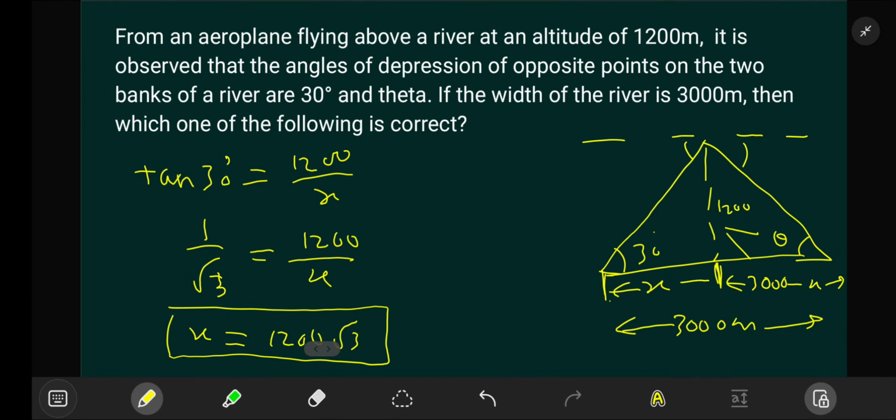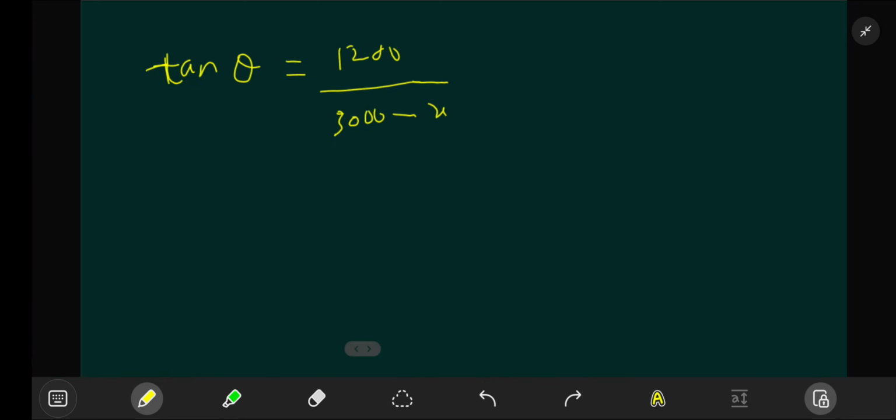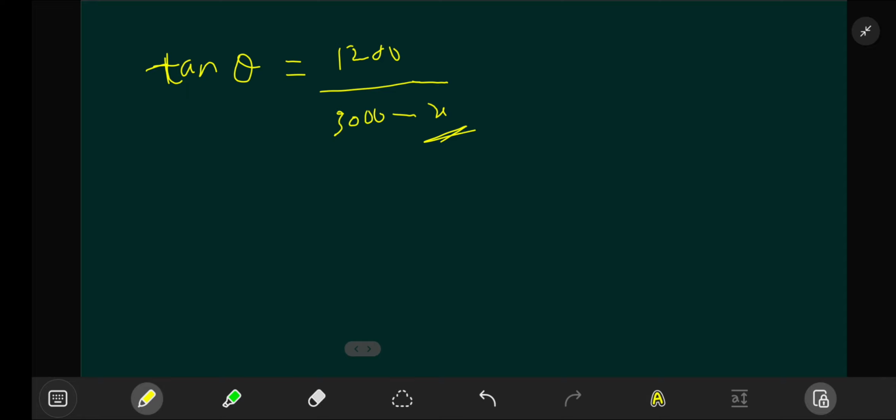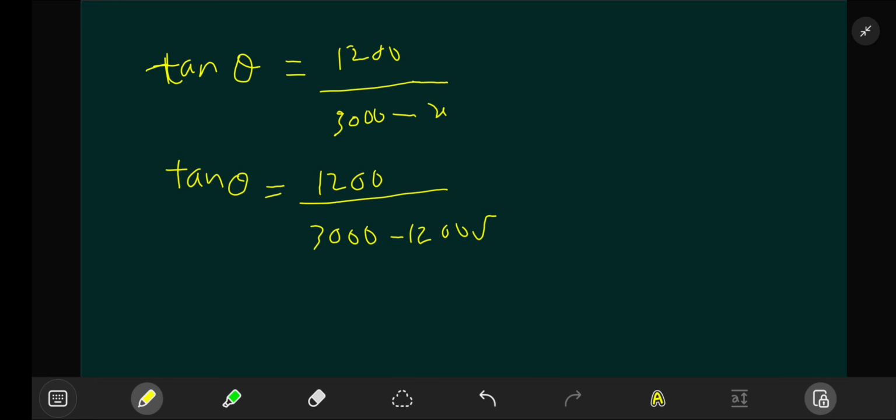Yes or no? The base, for this triangle, the base is 3000 minus x. Already I have said. Now in the place of x, substitute this value 1200 root 3. Tan theta is equals to 1200 divided by 3000 minus 1200 root 3. At the place of x value I have substituted.